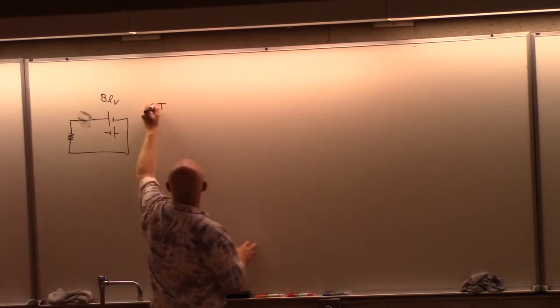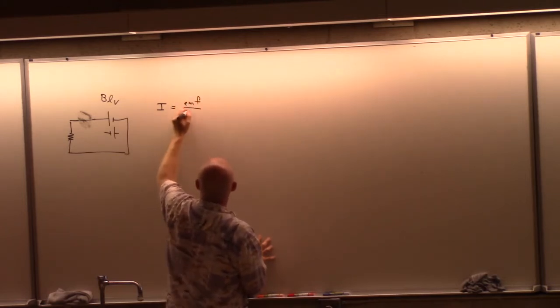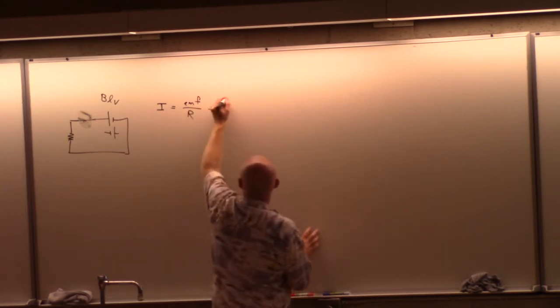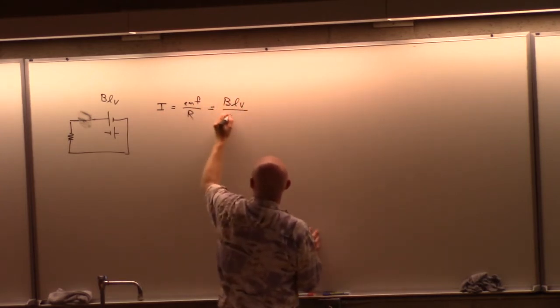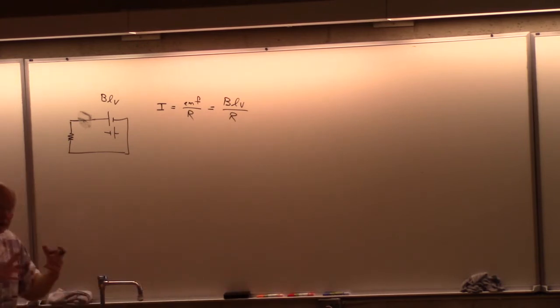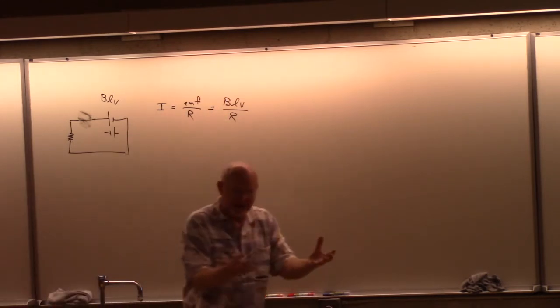In fact, the current then would be the EMF divided by the resistance. This is the Ohm's law. And the EMF then is BLV over R. So if this question said how much current do you have, I can get it. I could put two pieces together. I could put this chapter together with Ohm's law. So this chapter, Faraday's law, tells me what's the value of the EMF. Then Ohm's law tells me if you take that EMF and divide it by the resistance, that tells you how much current is here.